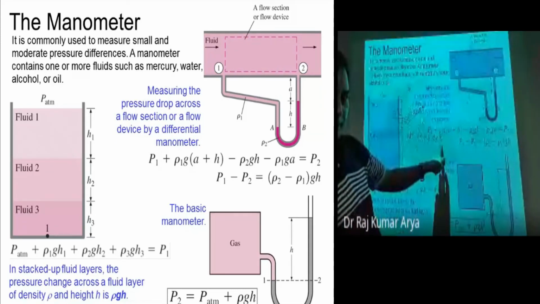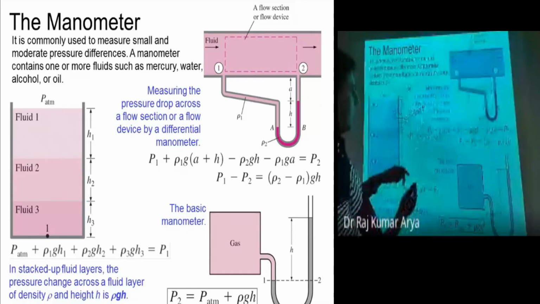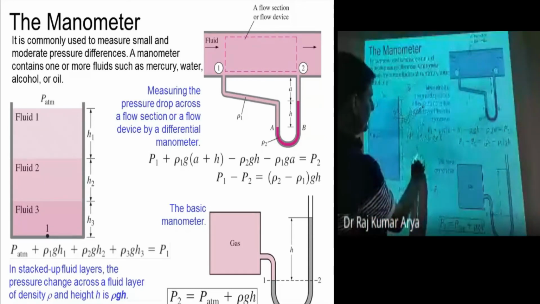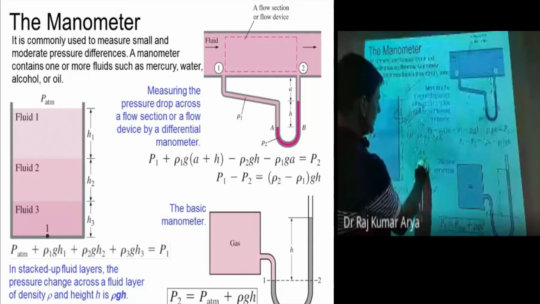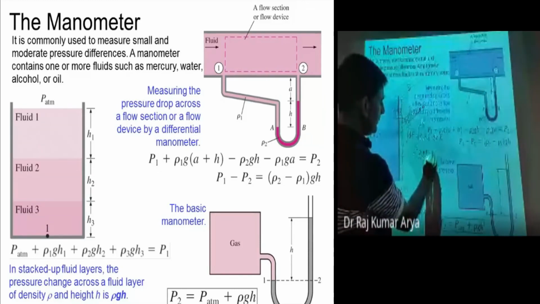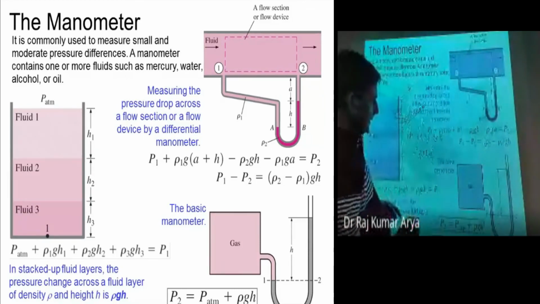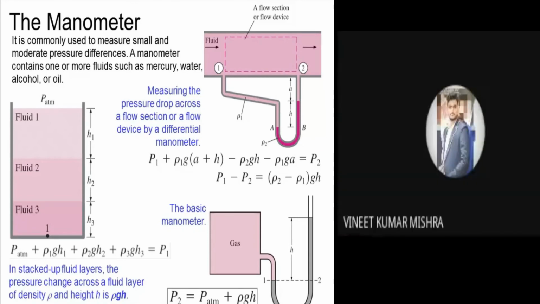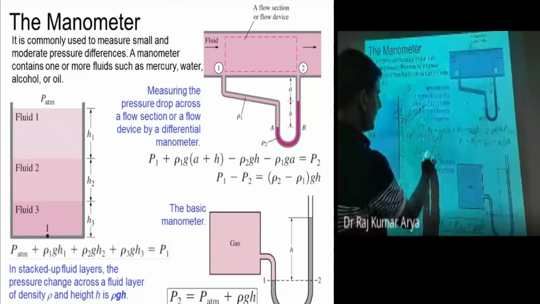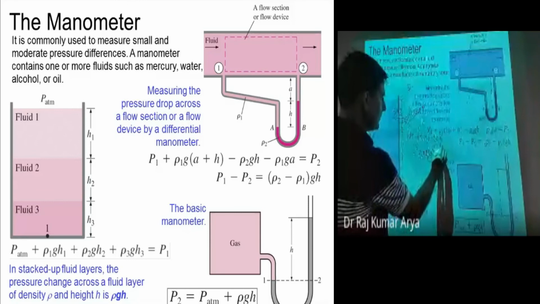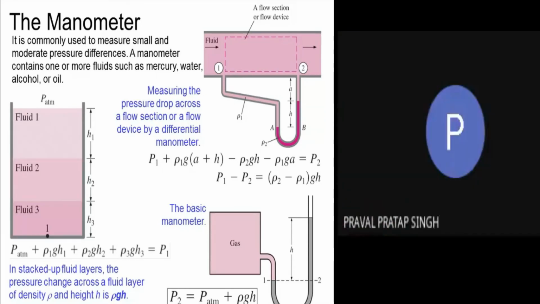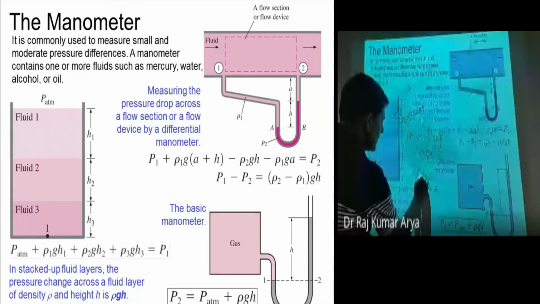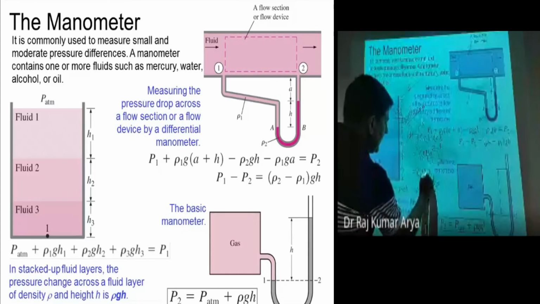Therefore it is not a function of y, so you can integrate. Integrating, you get rho g b y square by 2. Substitute the limits of y from 0 to h1, so you will get rho g h1 square by 2.